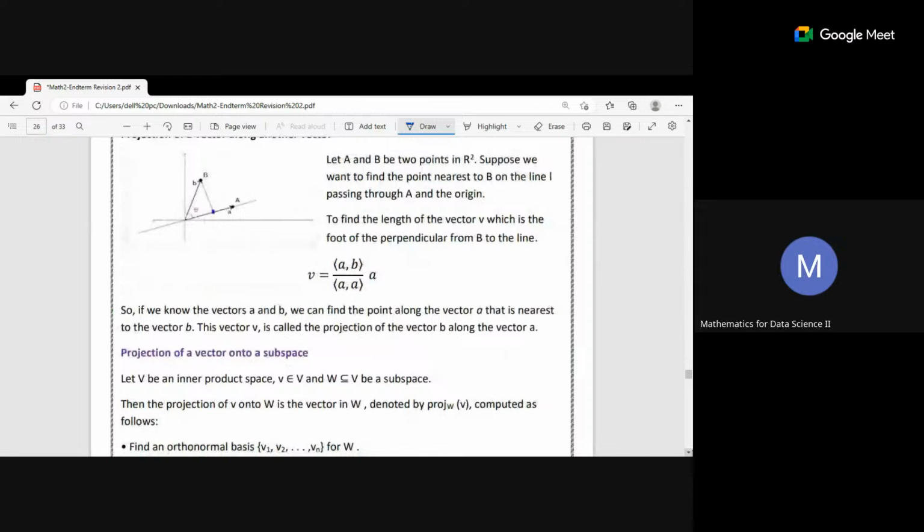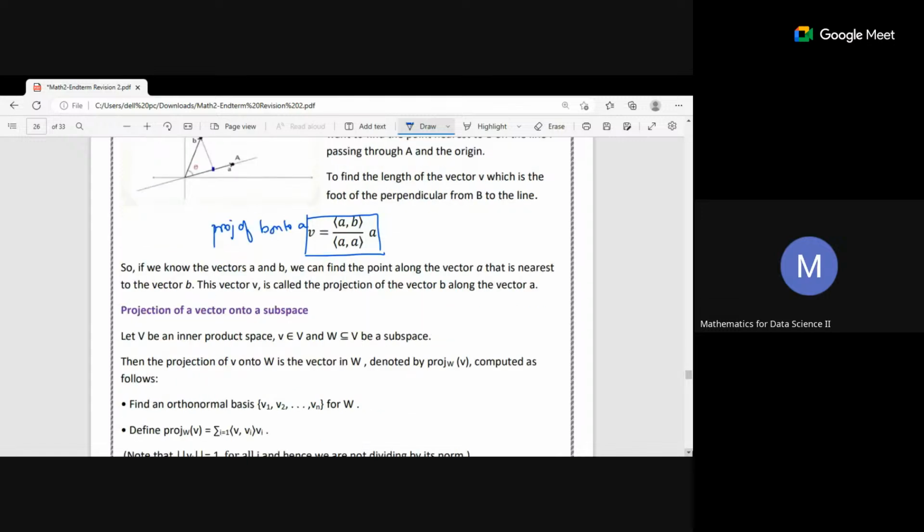So next, projections using inner product. What is the projection of a vector B onto A? This is the formula: inner product of A, B by inner product of A, A, into A. So this is a vector on a vector.